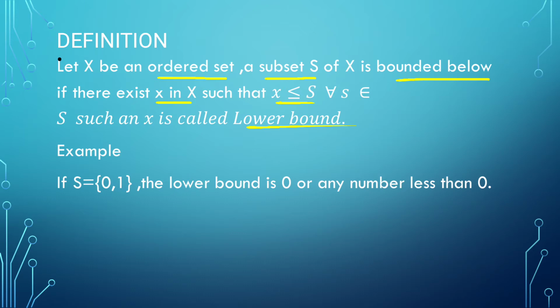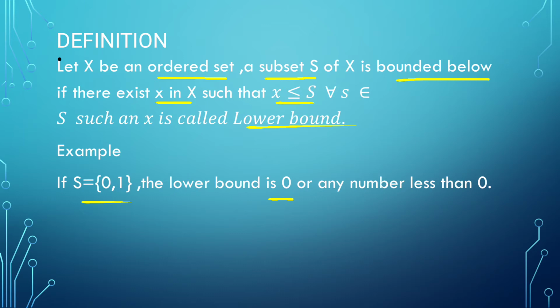For example, if you have S equal to that, you'll see that the lowest element here is actually 0, and therefore it becomes a lower bound.